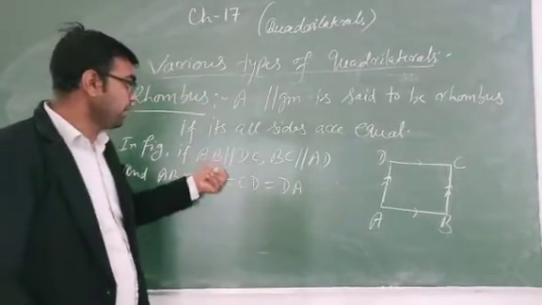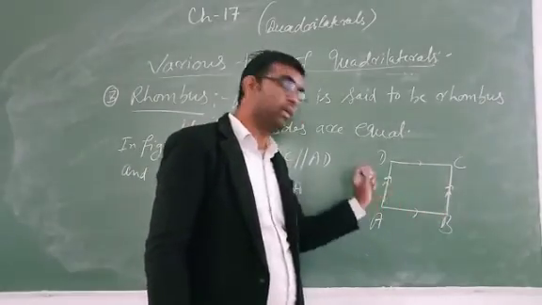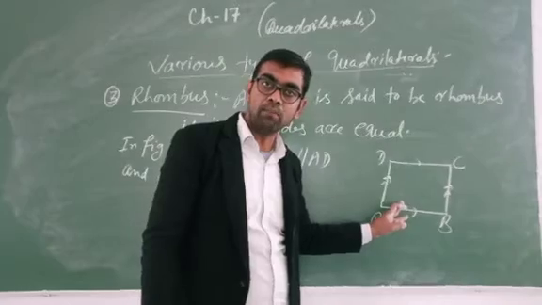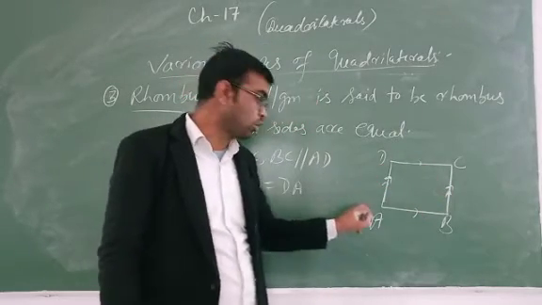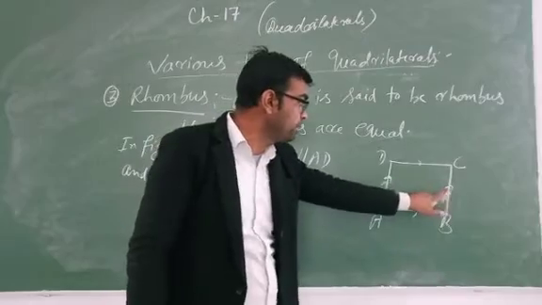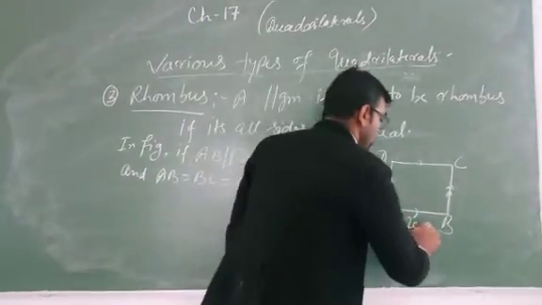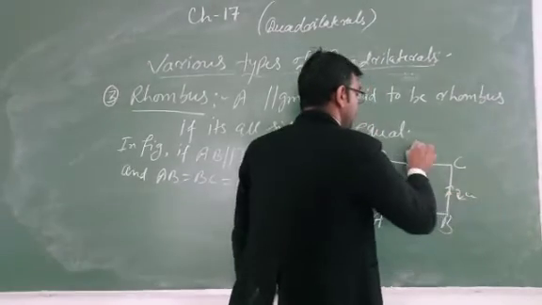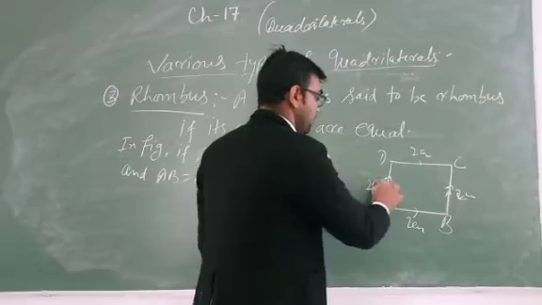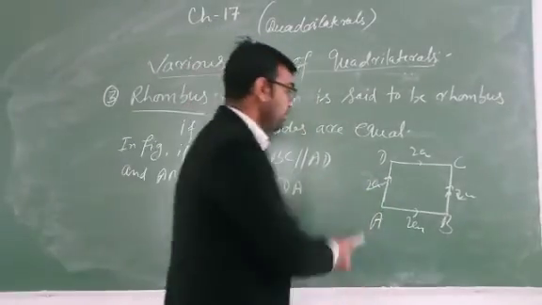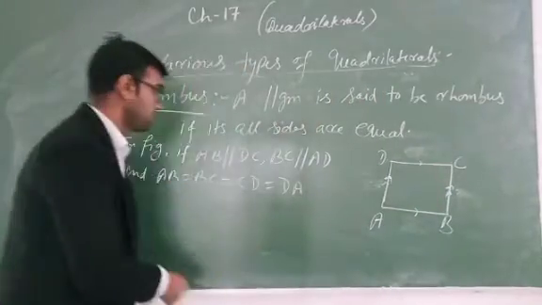When AB is parallel to CD and BC is parallel to DA, it forms a parallelogram. When all sides are equal, suppose AB is 2 centimeter, BC is 2 centimeter, CD is 2 centimeter and DA is 2 centimeter, if all are equal, then it will be a rhombus.